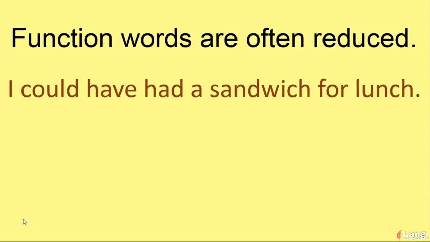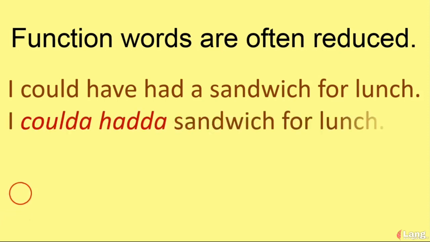Let's look at this sentence in reduced form. I coulda hadda sandwich for lunch. These words here, coulda and hadda, are not real English words. I've written them like this to illustrate how the function words could have and had a get reduced in natural speech.